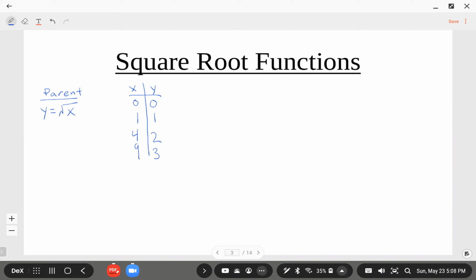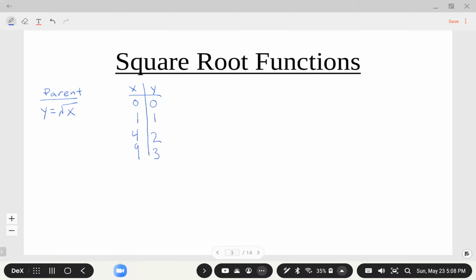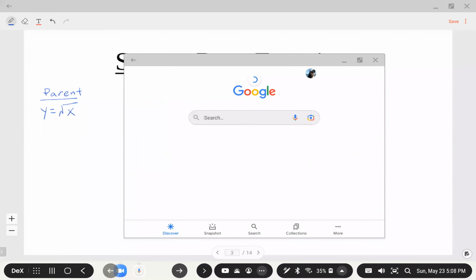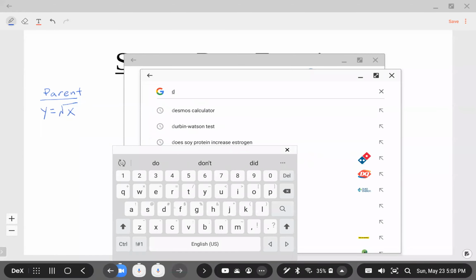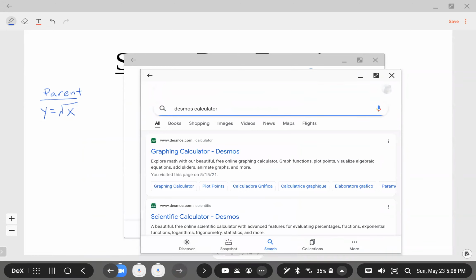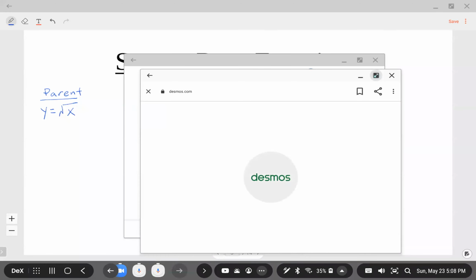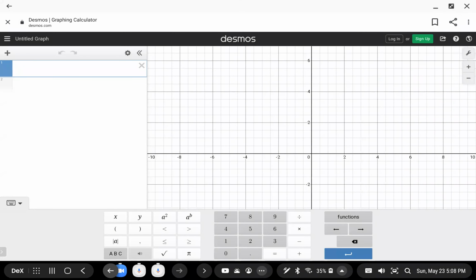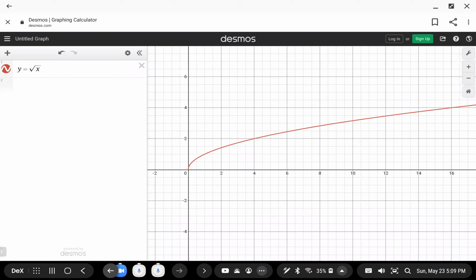All right. So let's take a look at what square root functions look like. Desmos. All right. So a square root function. Okay, what's the parent function? Y equals the square root of x is the parent function of this, and it kind of looks like this.